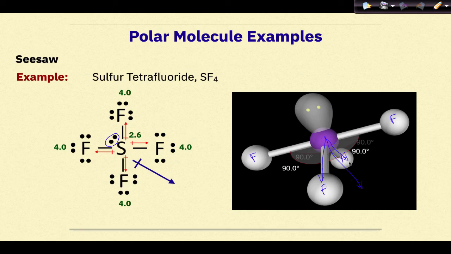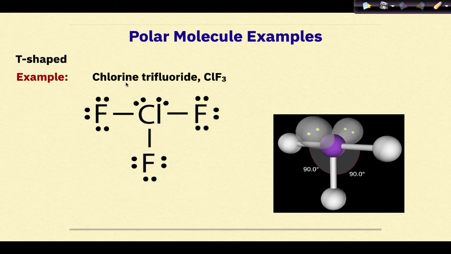Therefore, we have a net dipole and the molecule is considered polar. The final thing that we'll do here is assign our slightly positive and slightly negative values to help visualize the polarity of this molecule. Our next example is chlorine trifluoride, ClF3, which is T-shaped.